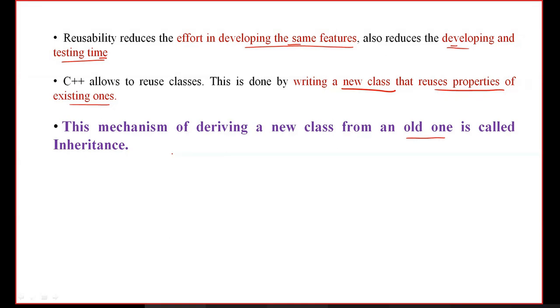Right? Why it is required? Because already the old class, whatever you had written, is having the same features. And if you require those features, may it be in terms of data members, may it be in terms of functionality, then if those set of features are required in the new class, then why create a new class?